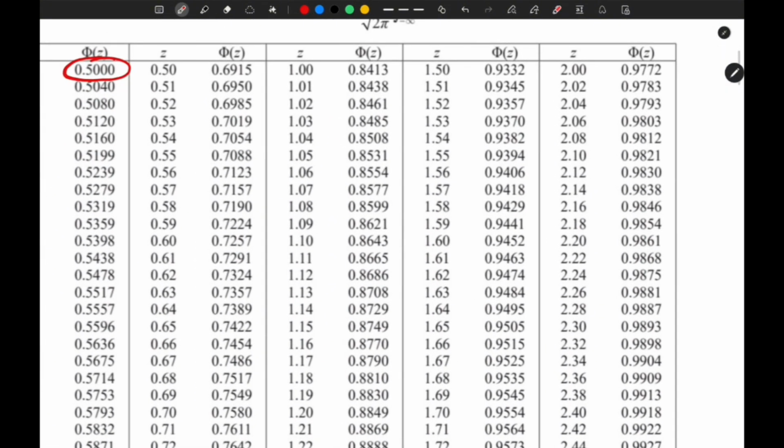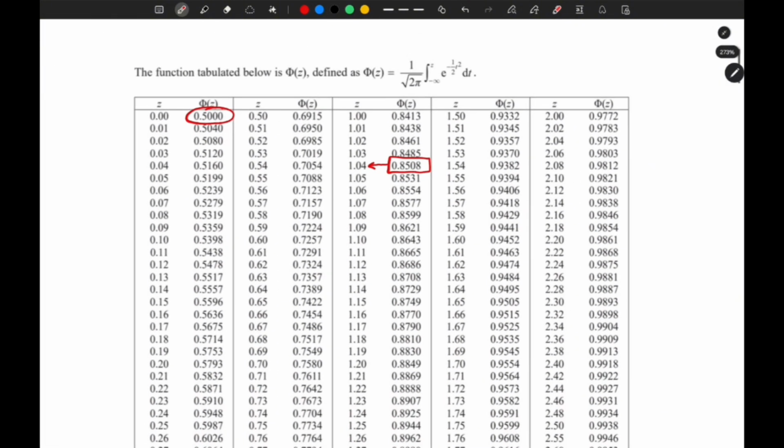there isn't an exact value for the probability to be 0.85, but we have a close enough value, which is 0.8508. You need to take the closest value possible. For this, the value of z is 1.04.